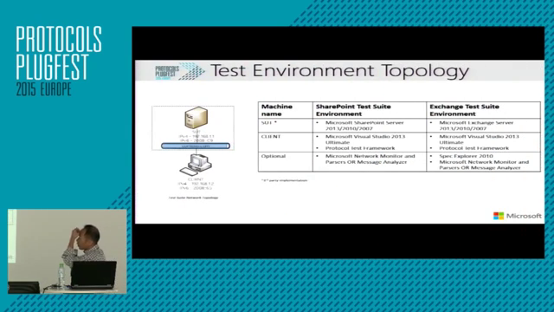Now the test environment. For SharePoint, the test suite allows you to specify the server version that you are testing against. We support 2007, 2010, and 2013, for both Exchange and SharePoint.